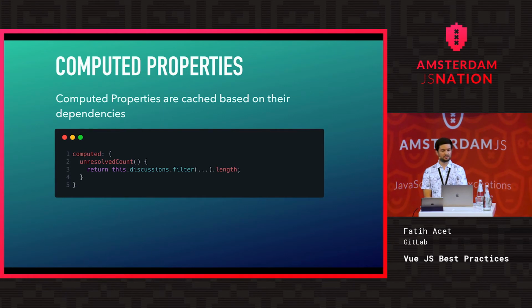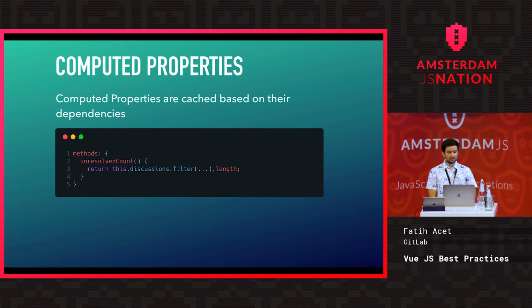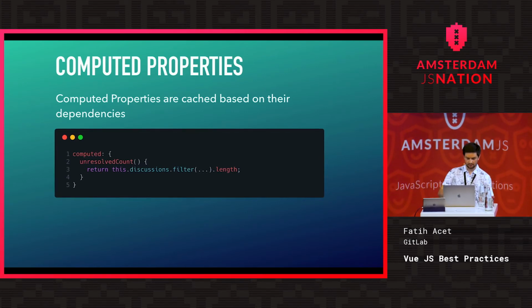Let's talk about the computed properties. So computed properties are cached based on their dependencies. And it makes them really, really efficient, really cool. Yeah. OK. So yeah, the computed property is cached based on their dependencies.